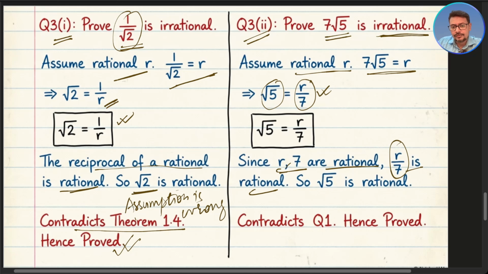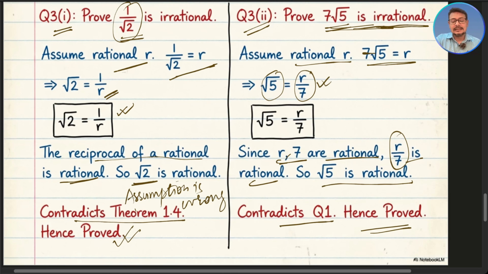So root 5, LHS equal to RHS, should be rational, which contradicts question 1 and theorem 1.4 that the square root of any prime number is irrational. Therefore it is proved that our assumption is wrong and 7 root 5 is irrational. So these are basically theoretical questions, so we don't have to do too many mathematical expressions.